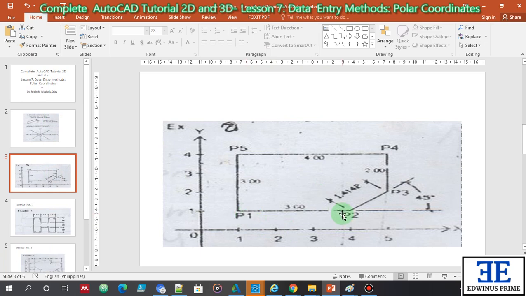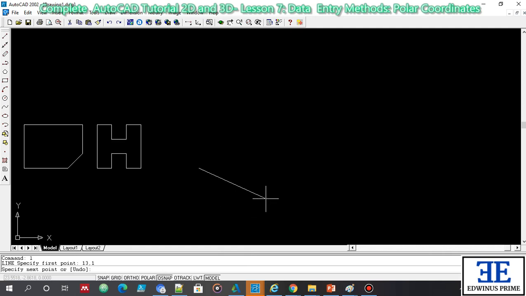From P1 to P2, there is a distance of 3 between them at angle 0. At 3, angle 0.